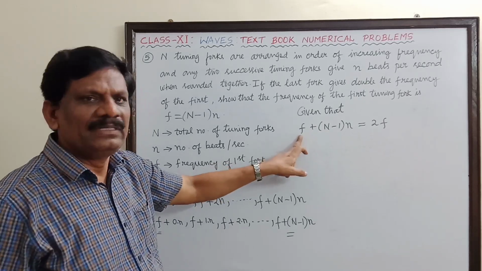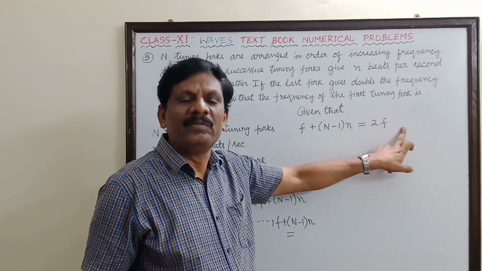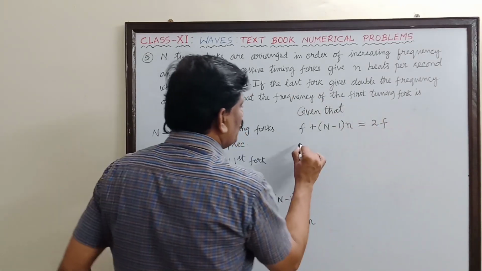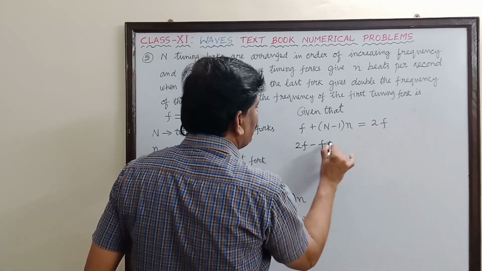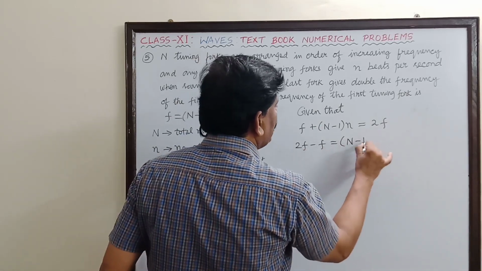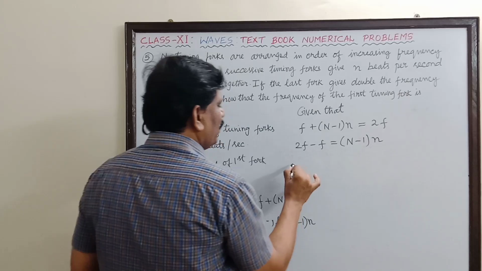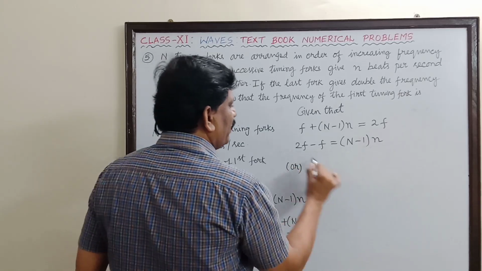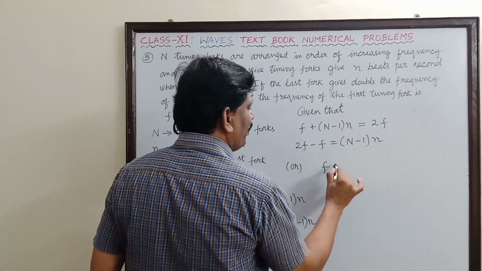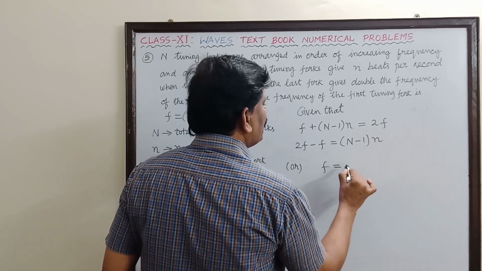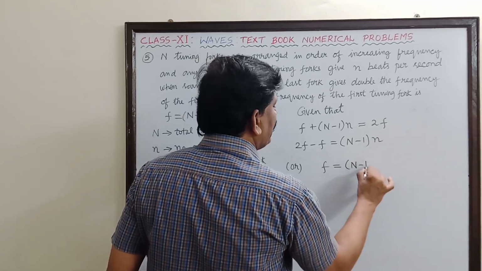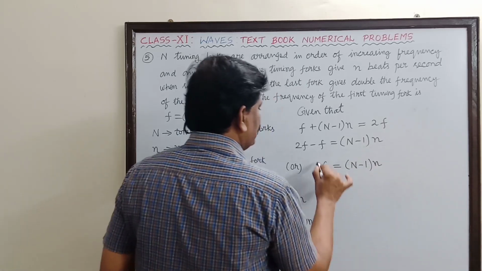So this f is going to the other side. It will become 2f minus f. So 2f minus f is equal to (N minus 1) into n, and 2f minus f is f itself. So f is equal to (N minus 1) into n.